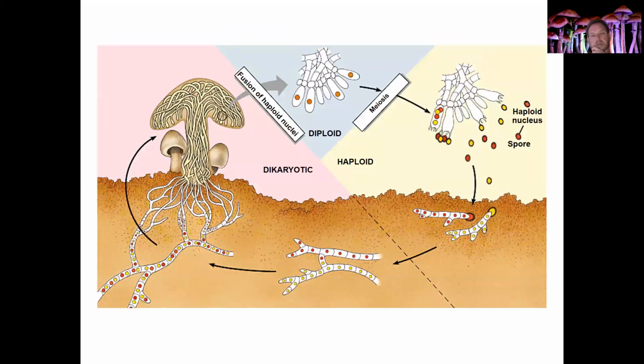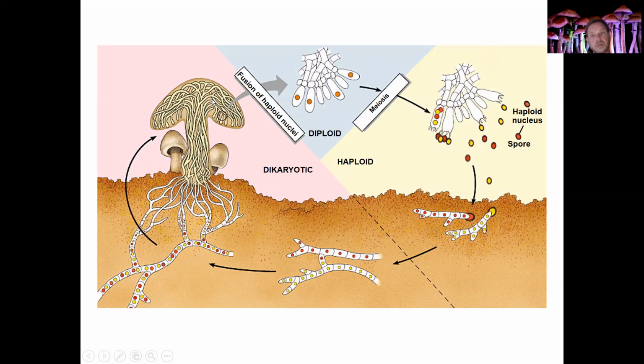So you can look at these 3 stages: the haploid stage, where you have these spores that come from the hypha. And then in the soil, you'll get fusion and create this dikaryotic phase where you have 2 nuclei in 1 cell. This produces a fruiting body we call mushroom. People call them toadstool.